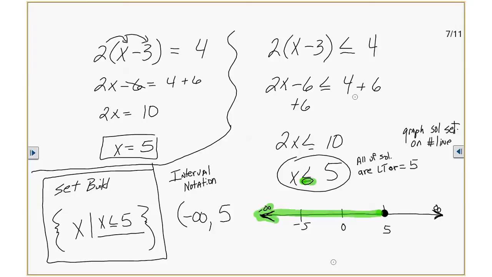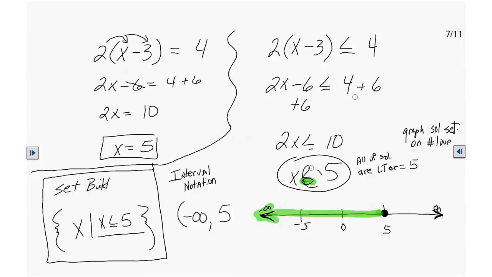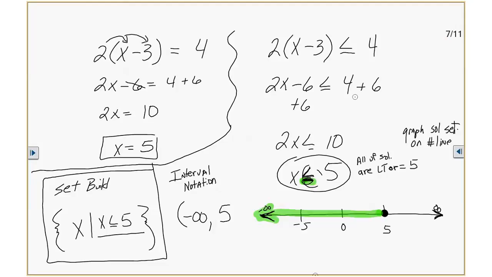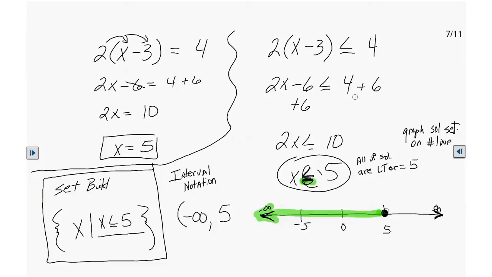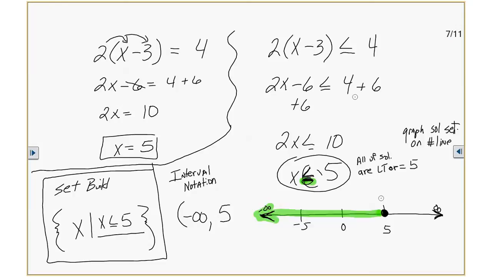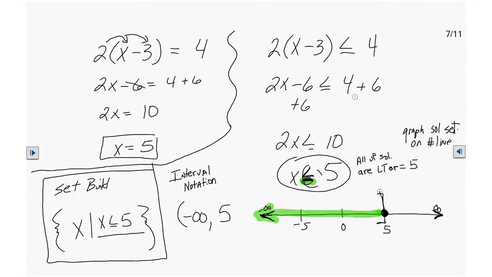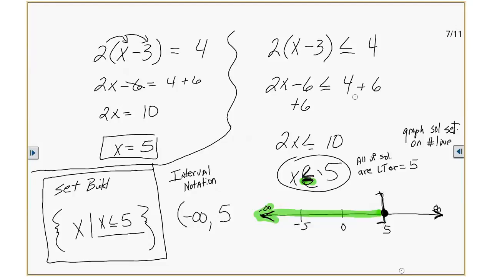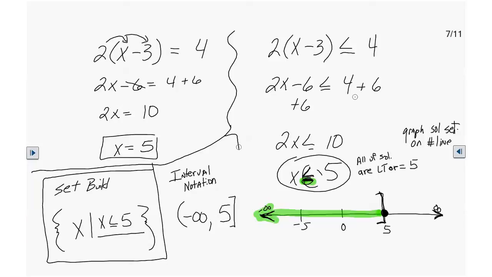Remember what I told you? This guy gets a closed circle and a what? A bracket. Remember me telling you that? So we can't put a closed circle right here. So what am I going to use instead? A bracket. And that's your interval notation.